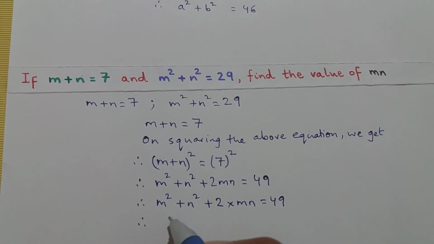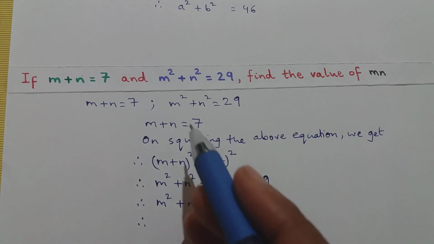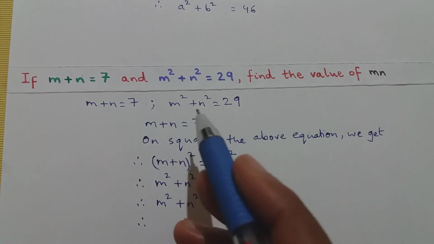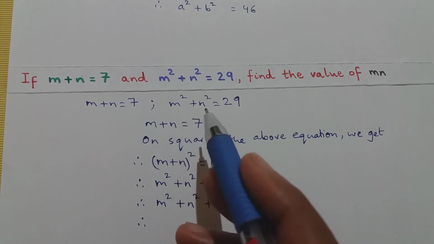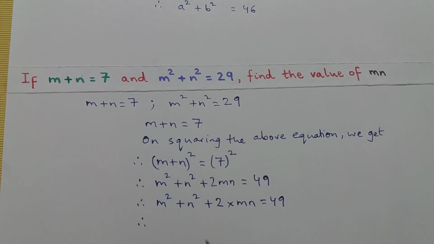Now m square plus n square, we know its value. It has been given to us. The value of m square plus n square is 29. So instead of m square plus n square, I am going to write its value, which is 29.